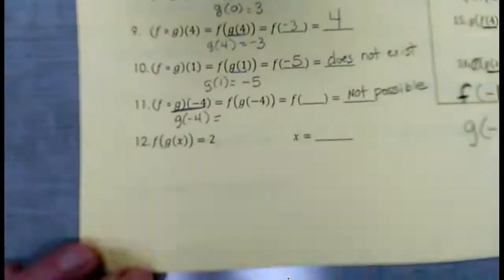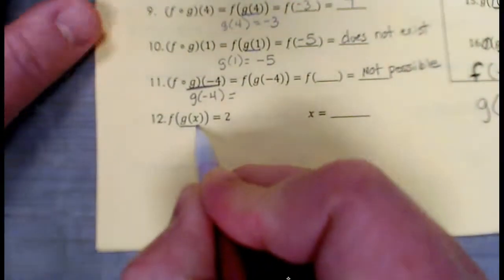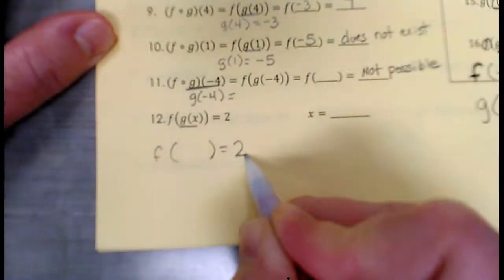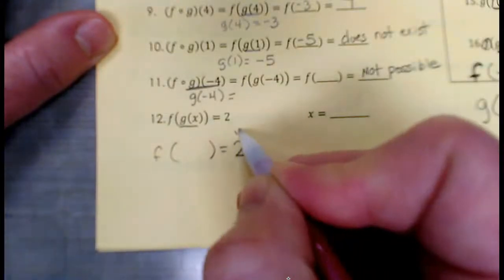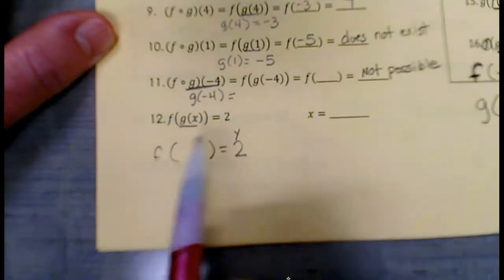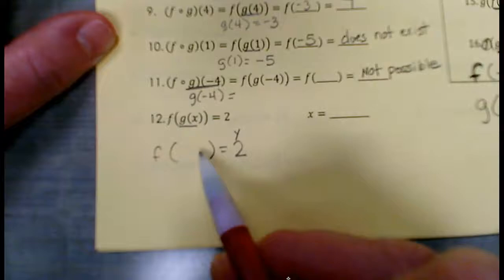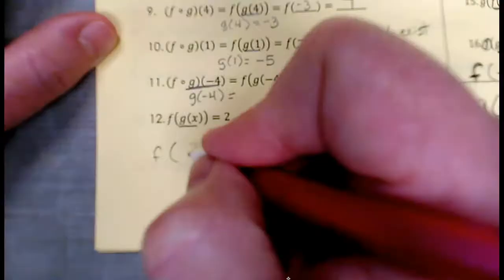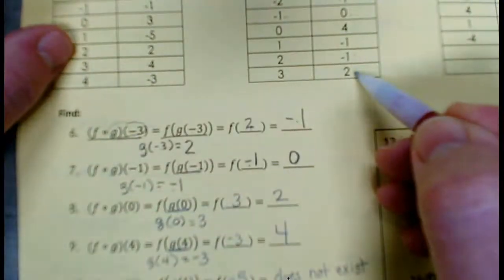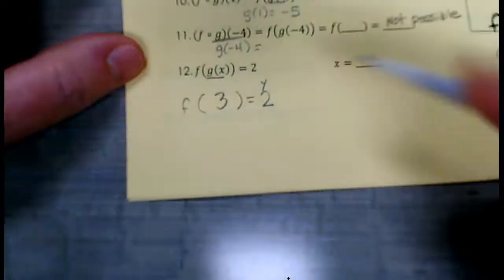Let's go back to this one that I skipped. I don't have a number to start on the inside, so I have to start on the outside. If this is my y value in the table called F, the x value will be 3.